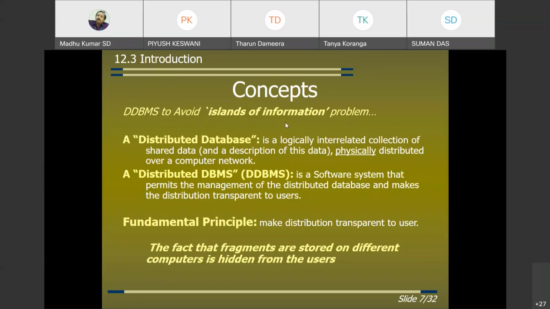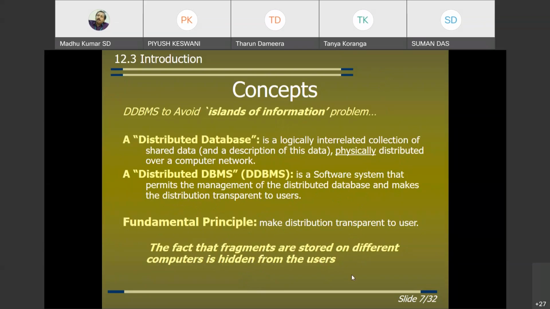All right. So a distributed DBMS, or DDBMS, is a software that permits the management of the distributed database and makes the distribution transparent to users. That is very important. Transparency of the data. The fundamental principle is that it makes the distribution transparent to the user. The fact that fragments are stored on different computers is hidden from the user.